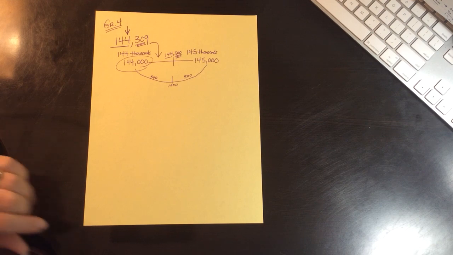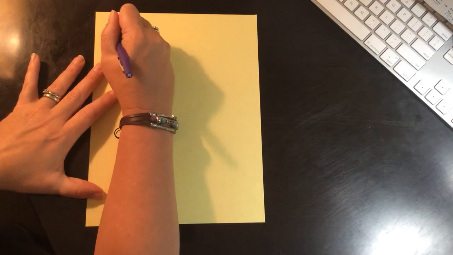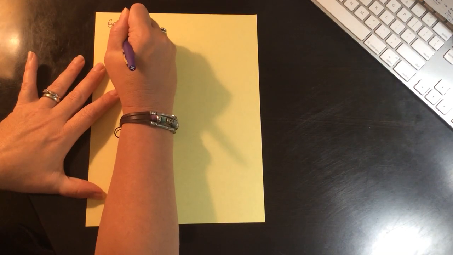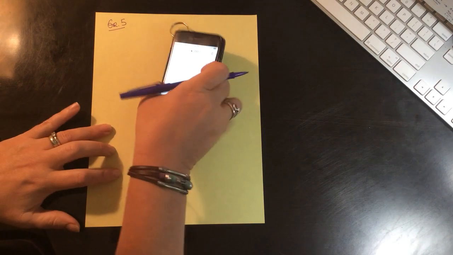All right, fifth grade gets a little bit more complex, but we're going to continue using the same ideas we've been using. In grade 5, they work with decimal values. So what I want to take a look at first is where that might occur.